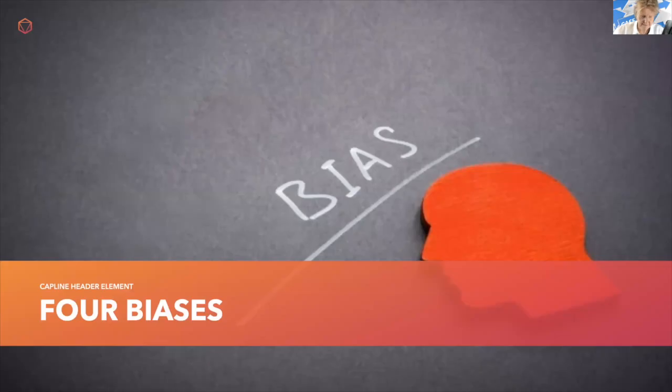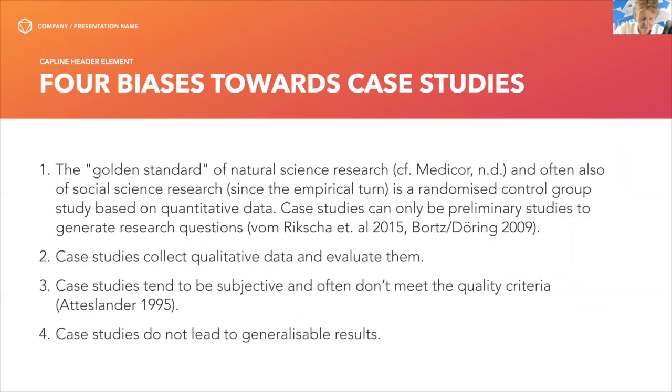4 biases. Firstly, the gold standard of natural science and often also of social science research is a randomized control group study based on quantitative data. Case studies can only be preliminary studies to generate research questions.